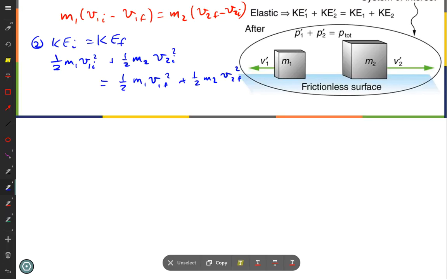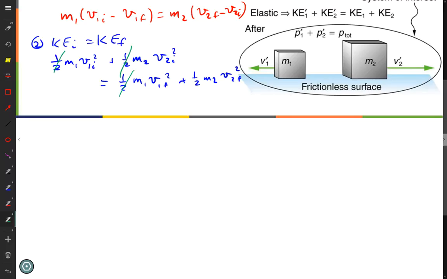Well, I'm going to go through a little mathematical rearrangement to make it easy. It turns out this is easy. Aren't you glad? So what I'm going to do is first, very obviously, multiply everything by 2. I don't need to have a 1/2 with every term. And then I'm going to rearrange just like I did before. So I have M1 times stuff, M2 times stuff.